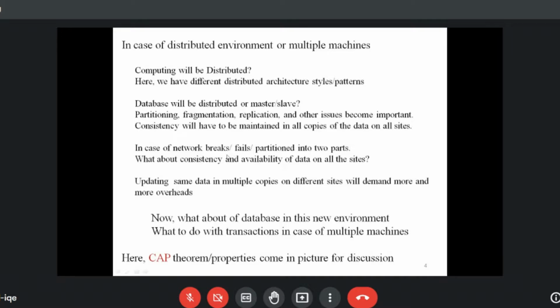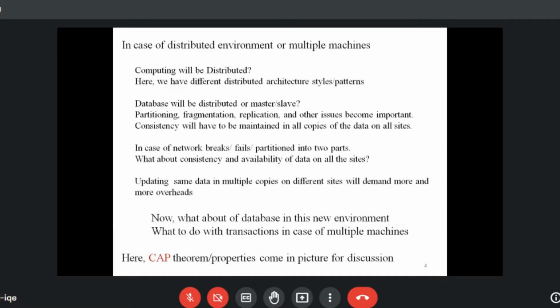Consistency will have to be maintained in all copies of the data in all the sites. Suppose one data value is updated by a user application at one site. The change made in one data value has to be reflected in all the copies of the table in all the sites.